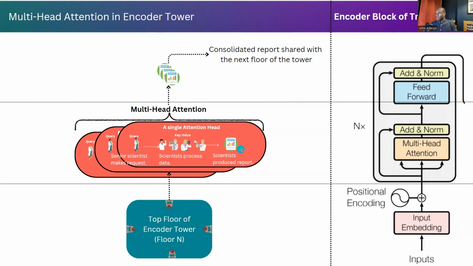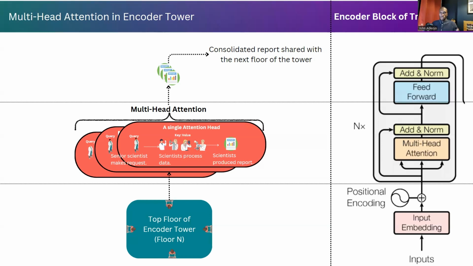Now, the thing to pay attention to here, and again, is not always immediately obvious from the diagram, is that this one team of scientists represents one attention head, right? So that's just one attention head. On each floor of our tower, we have multiple teams of scientists. So that means we have multiple attention heads, and that's where the name multi-head attention comes from.